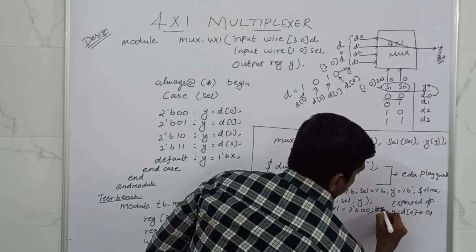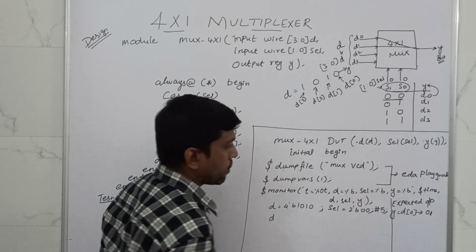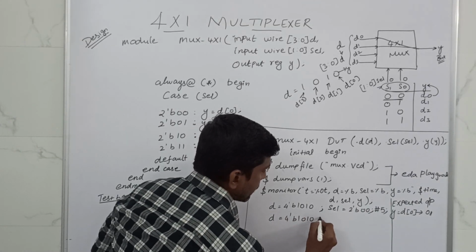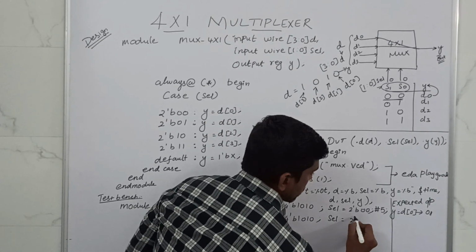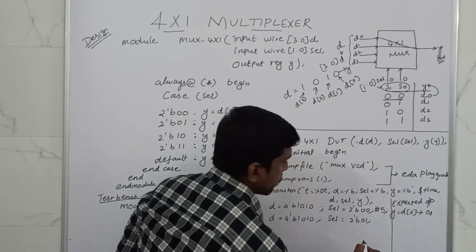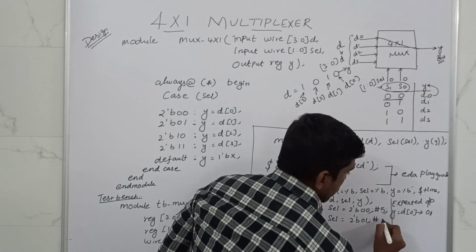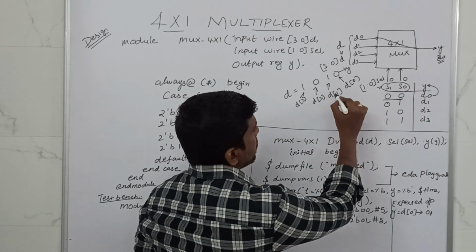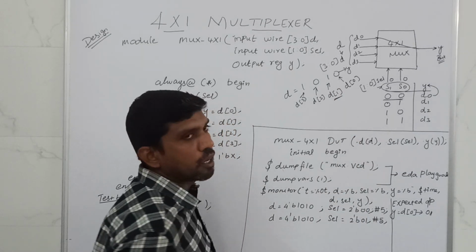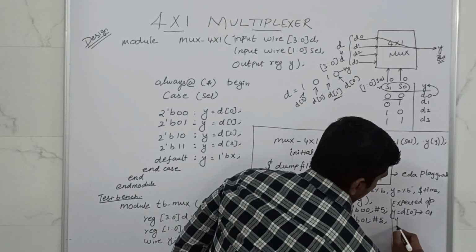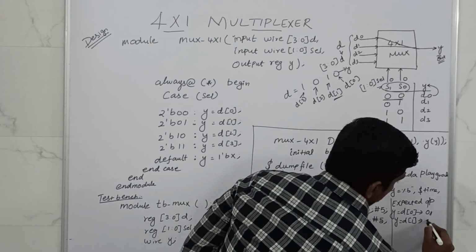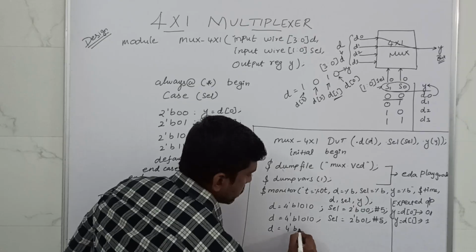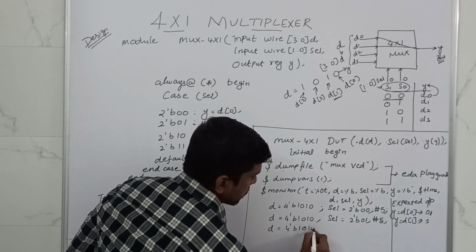After 5 time units, again let me consider the same D value, 4'b1010, but the selection line value is changed from 00 to 01, 2'b01. 01 means D1 is mapped to output Y. Y equals D[1]. The D1 value is 1, so this 1 is assigned to Y. After 5 time units, again I take the same value for D, 4'b1010.